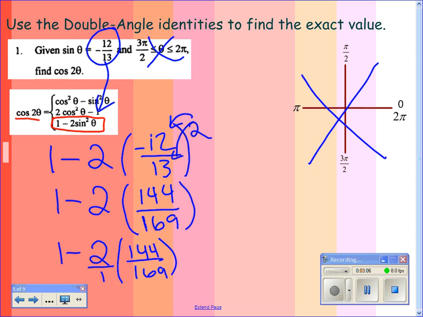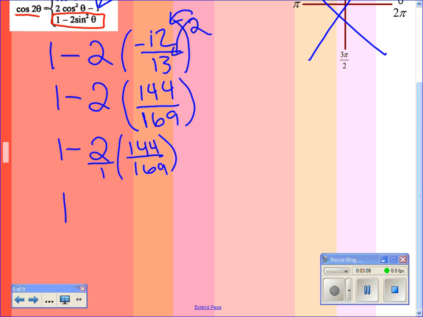If we multiply straight across the top, 2 times 144 is 288. And if we multiply straight across the bottom, 1 times 169 is 169.